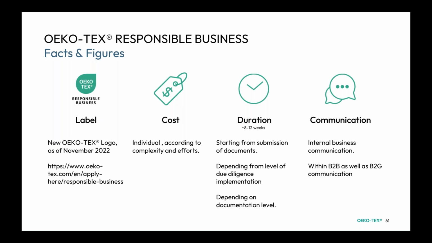The duration to receive one of those certifications, starting from submission of documents, is around 8 to 12 weeks, but of course depending on the level of due diligence implementations on the documentation level. And the communication here is internal business communications within B2B as well as B2G communication, which is targeted.